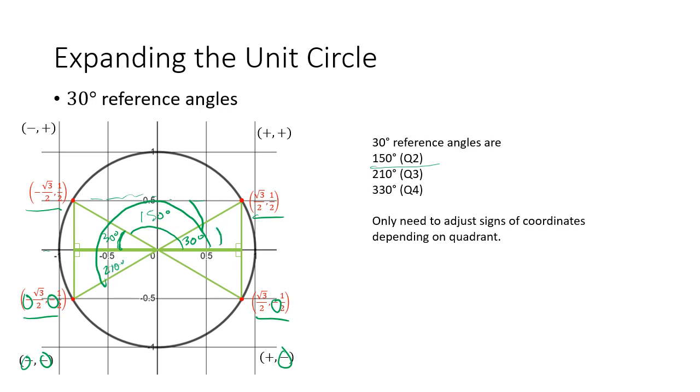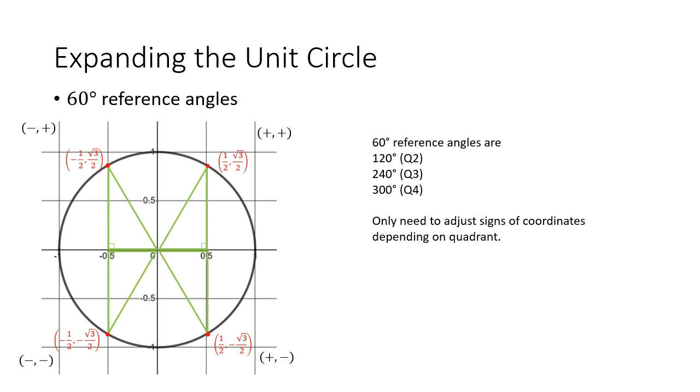If we did the 30-degree reference angle in quadrant 4, that would be 330 degrees. And so for all of these angles, we have the same values for sine and cosine. All we have to do is adjust the sign depending on what quadrant we're talking about.